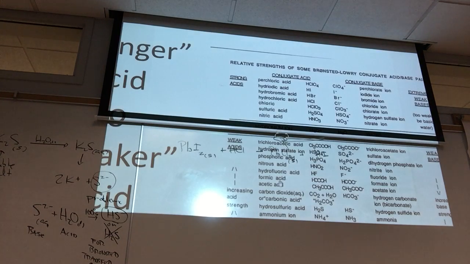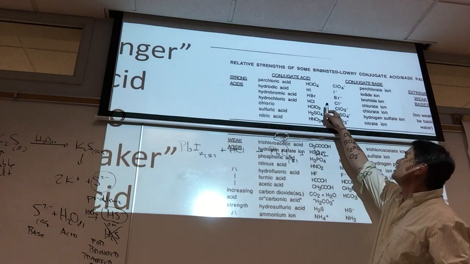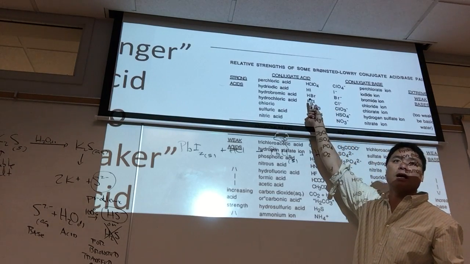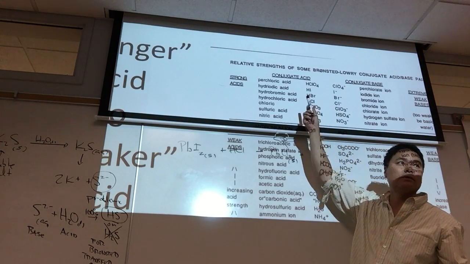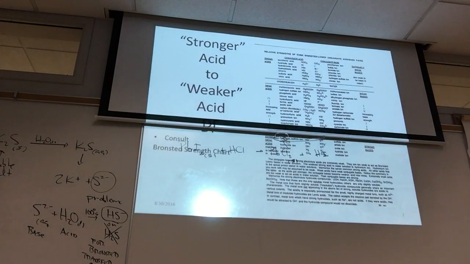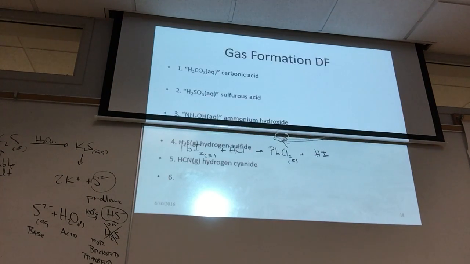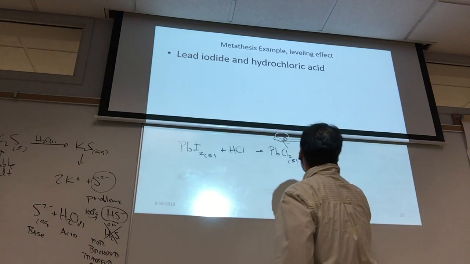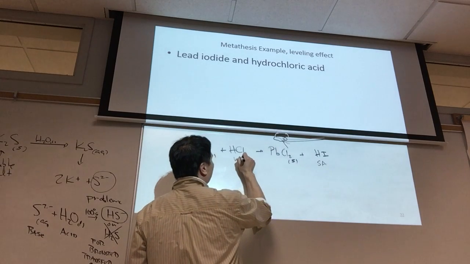Yeah, you're right. Well, HCl versus HI? Oops, HI is a stronger acid. There's a reason for that. So HI is a stronger acid, and this is the weaker acid.